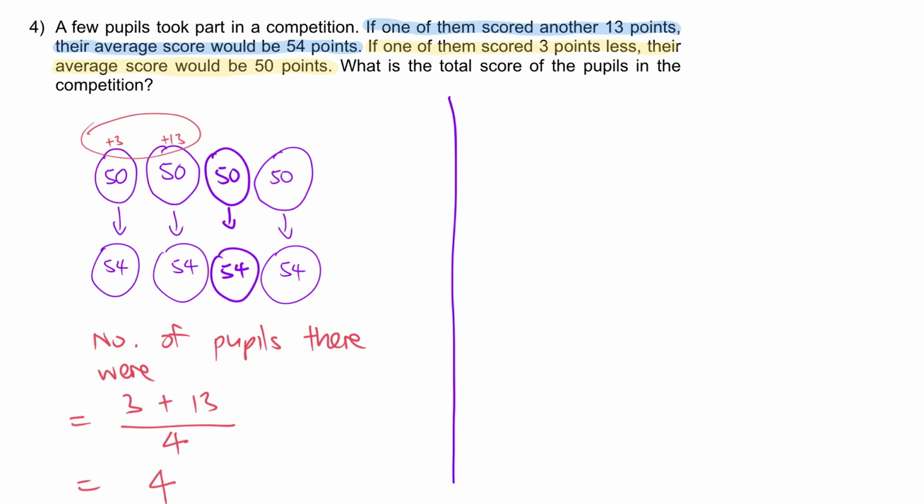What is the total score of the pupils in the competition? You can do either case, all right? You can do either case. So let's take this case. Total score of the pupils in the competition.